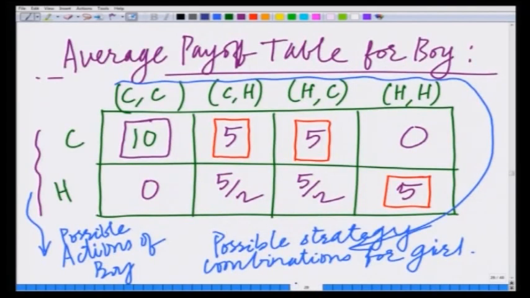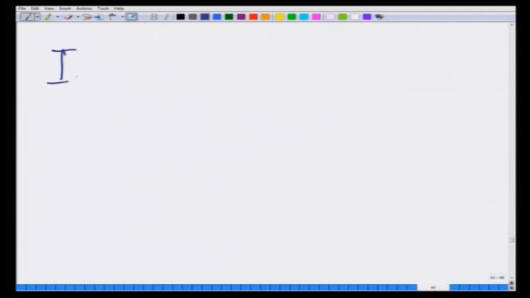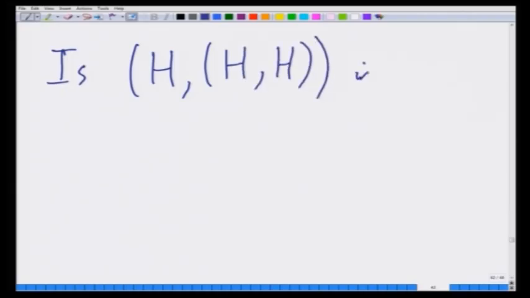How about the other one, H? The best response of the boy to H comma H of the girl is to choose H. So, let us ask the question, is H comma H comma H a Bayesian Nash equilibrium?